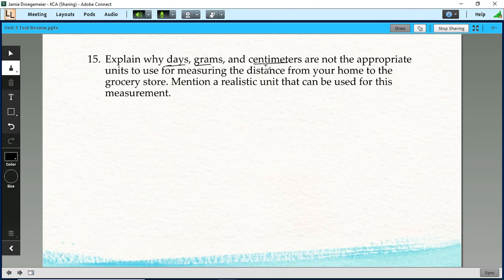But when we're talking about going from place to place, a home to a grocery store, that's going to be a pretty large distance in most cases, and so centimeters isn't going to be your best unit of measure for that. So using something like kilometers or miles would be a much more realistic unit of measure in that case. All right, and then I believe that is our last one, and it is.